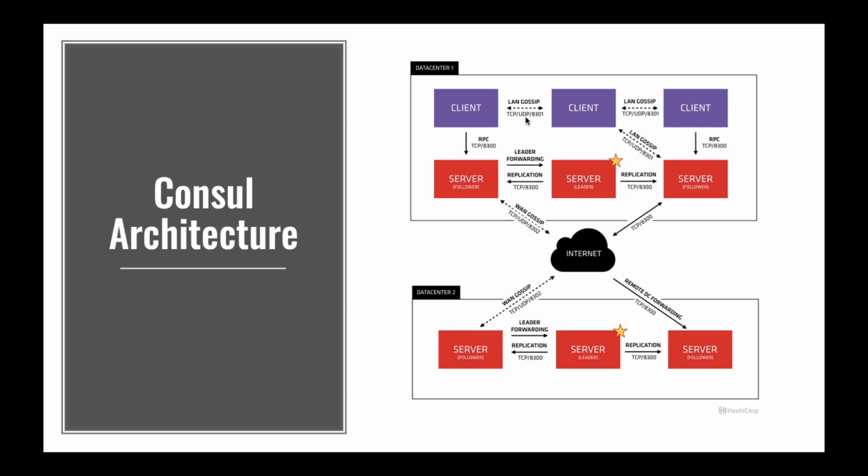The Consul agent can run across multiple servers, across multiple data centers, and it uses a protocol called the gossip protocol to basically maintain the state across multiple agents and multiple data centers. So it can run in the context of a LAN or even a WAN that is connected via VPN or over the public internet.